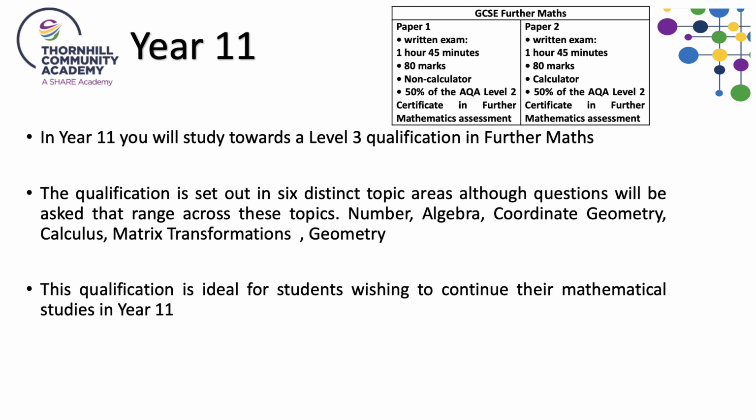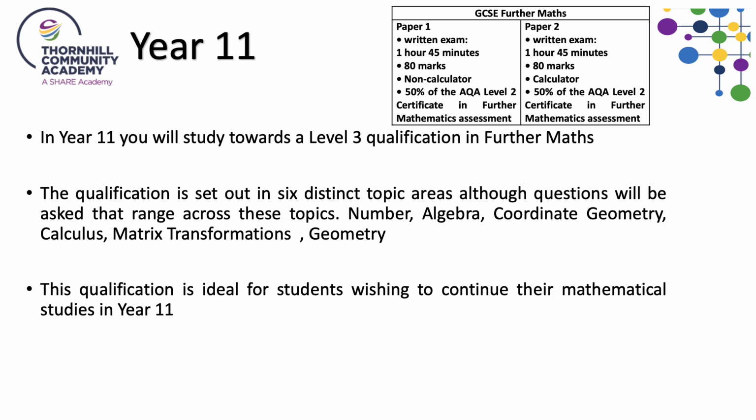So it's a level 3 qualification, and it is 6 distinct areas of maths, which are number, algebra, coordinate geometry, which is straight line graphs, calculus, which is differentiation, and you'll learn about gradients of curves, matrices and general geometry.